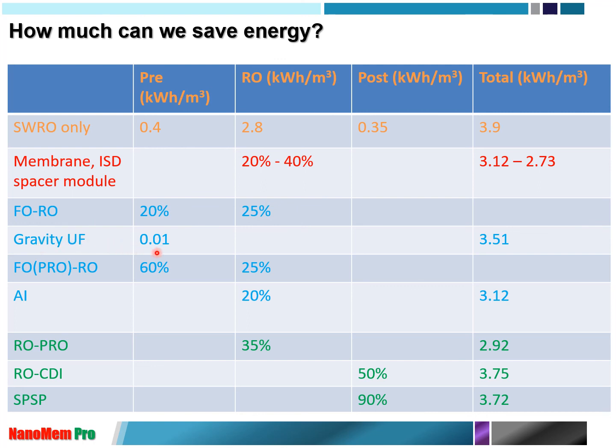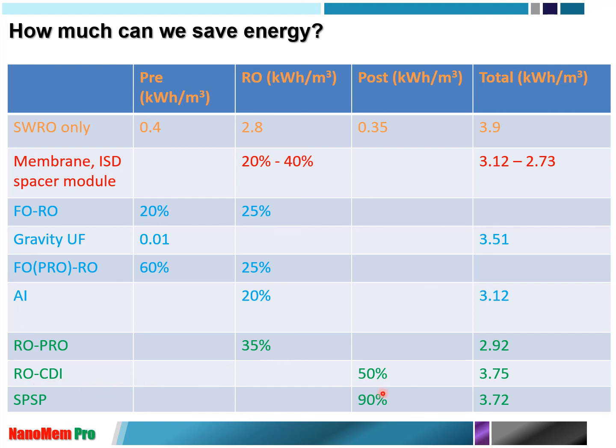Gravity ultrafiltration 0.101, and then FO-RO hybrid system, PRO hybrid system 60%, 25%. Also, artificial intelligence and machine learning can save 20% of your RO energy, 3.12.